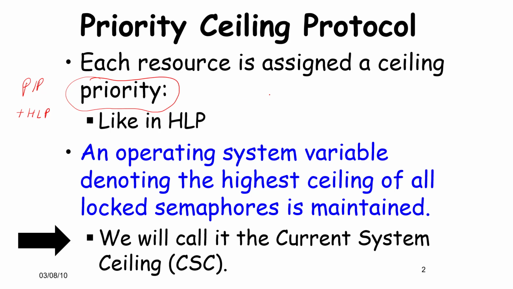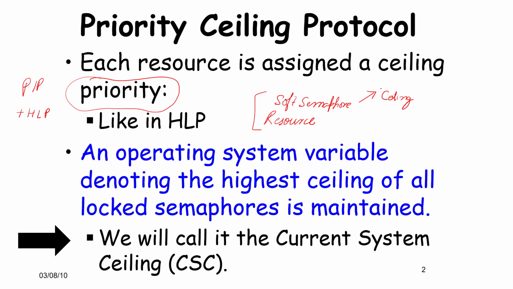Every resource, if it is a hardware resource, is protected with a software semaphore. So in that sense, a resource and a software semaphore will be used in the same context to mean the same thing. And each of these that are in use will have a ceiling, which is the maximum of the priorities of all processes that may in principle or potentially access the resource.